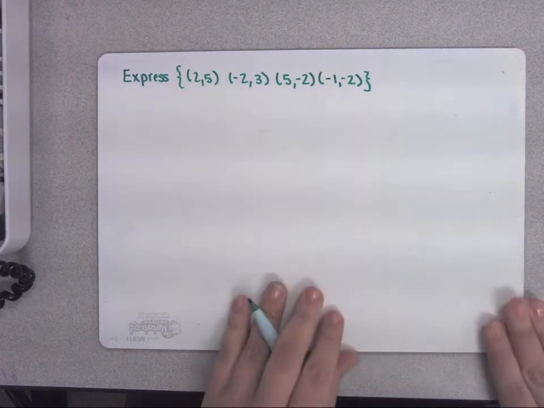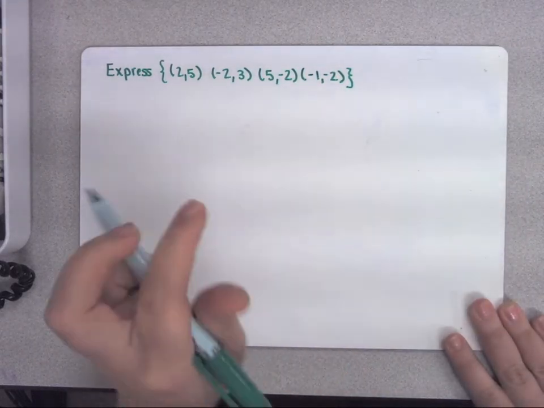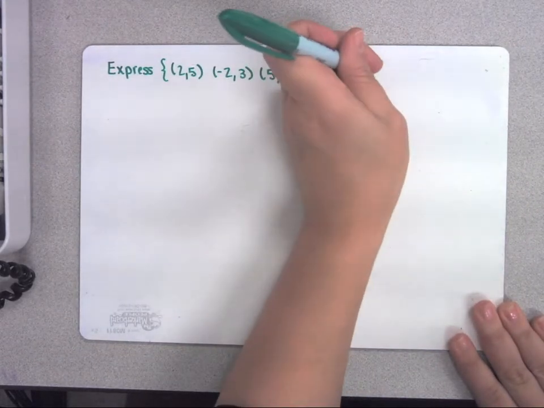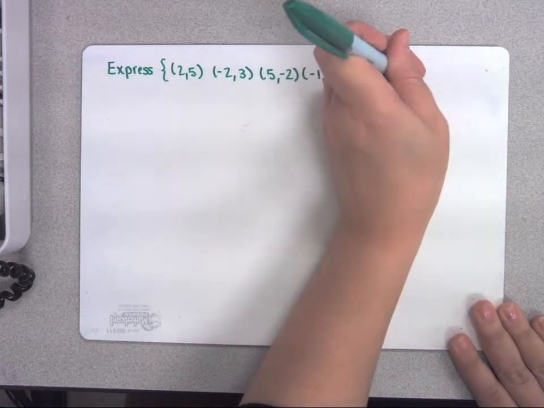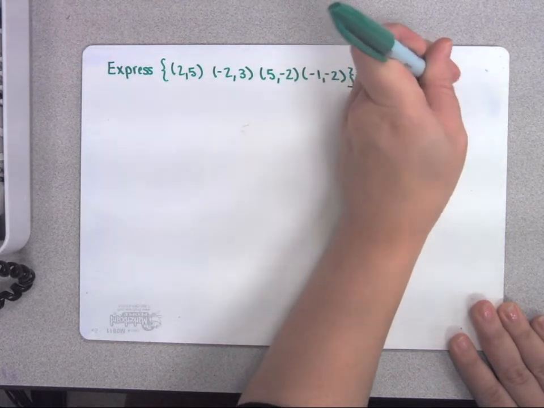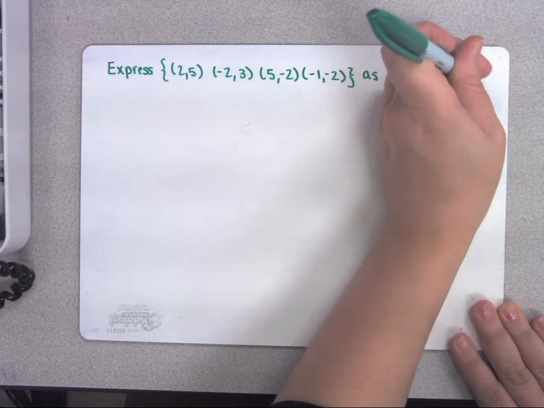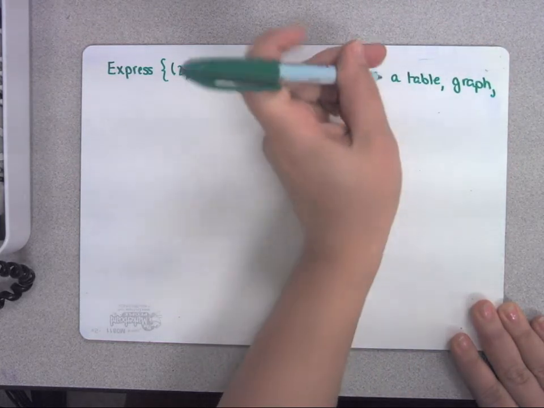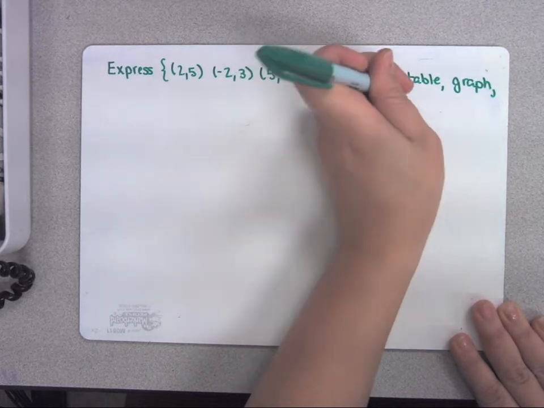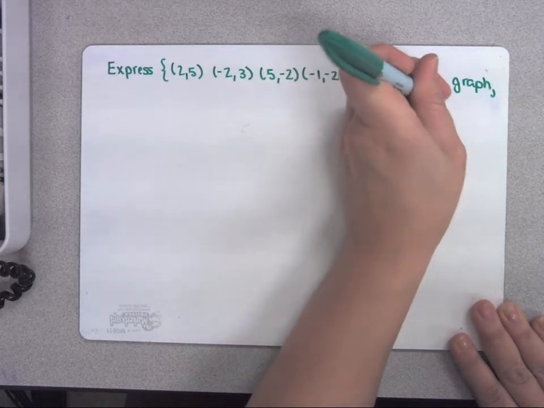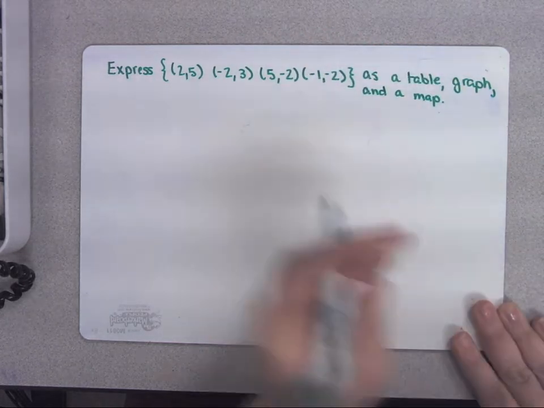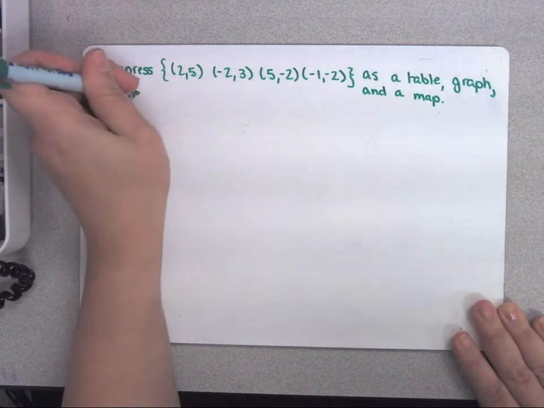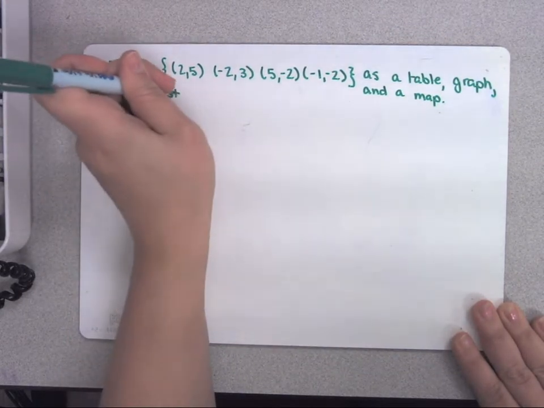Those are all our points. It says express that information as a table, comma, graph, comma, and a map, period. Then state the domain and range.